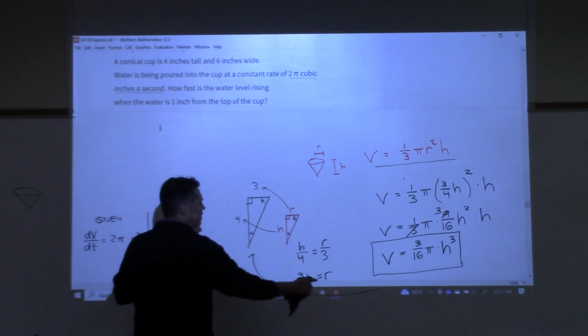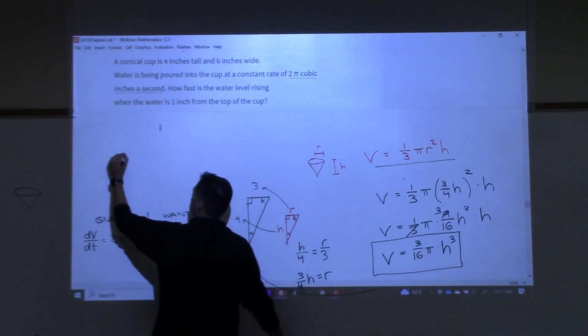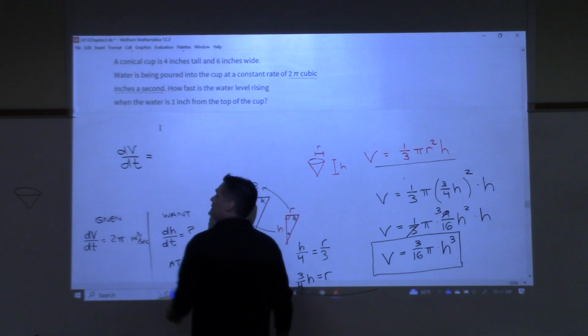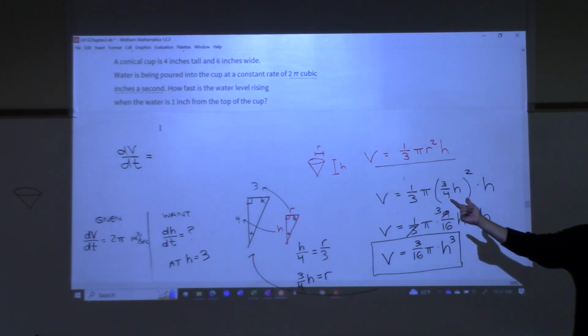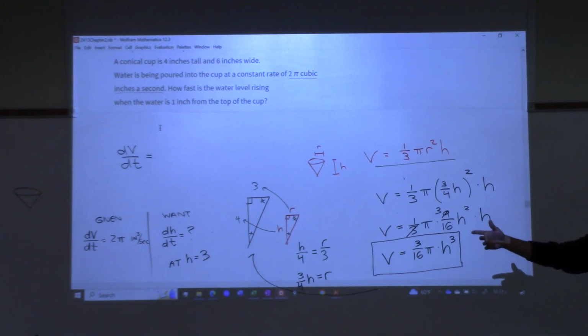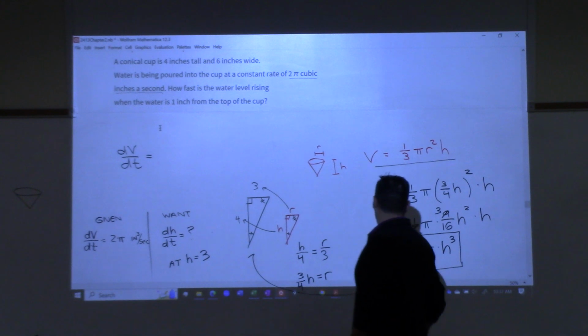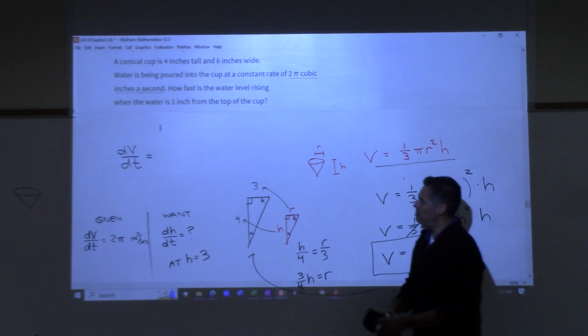The derivative on the left side, I'm differentiating with respect to t. Derivative of the left side is dV/dt, which I'm happy to see because that's actually 2 pi for us, isn't it? Right, remember dV/dt was given to us, 2 pi? Equals, okay, over here, 3/16 pi, that's all a constant, isn't it? That's all a constant. So I'm just going to bring it with us.